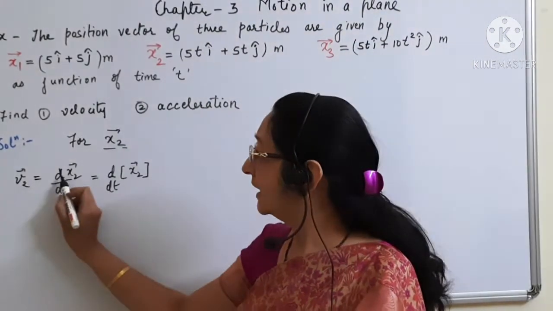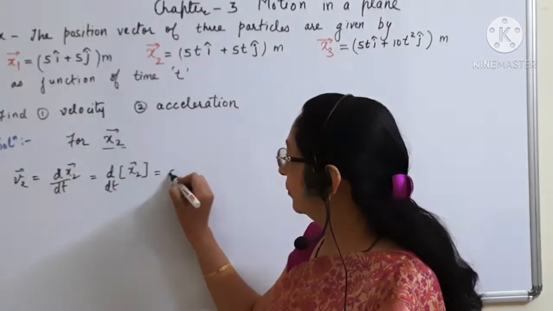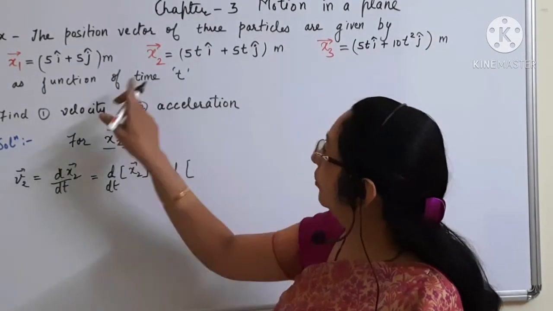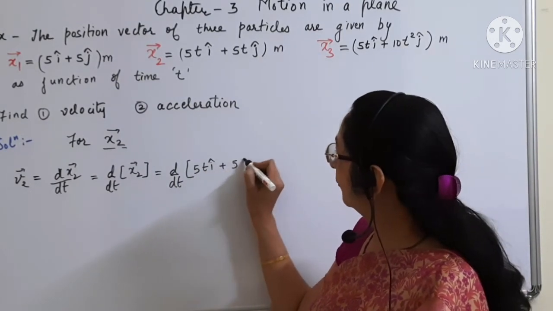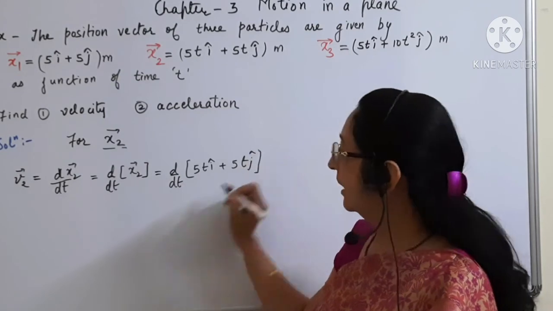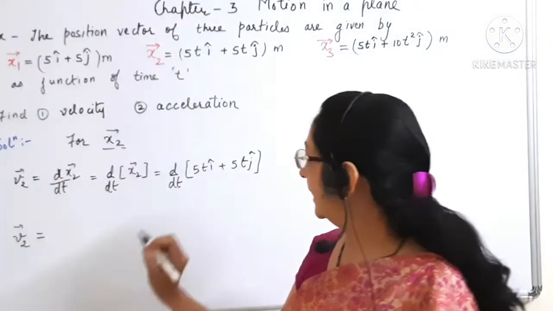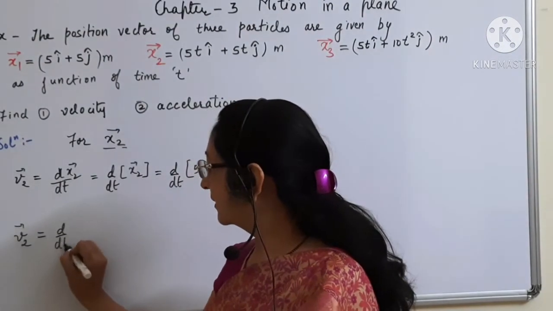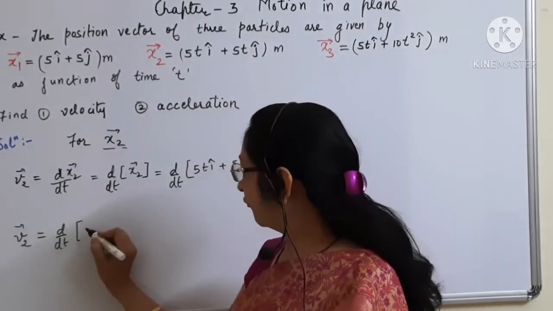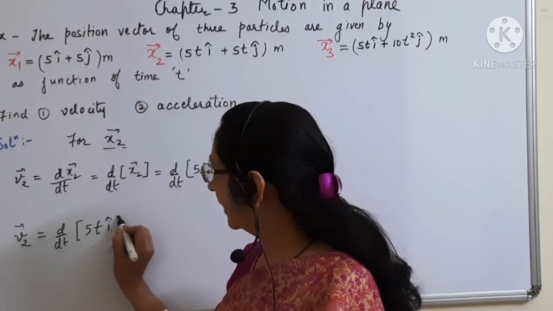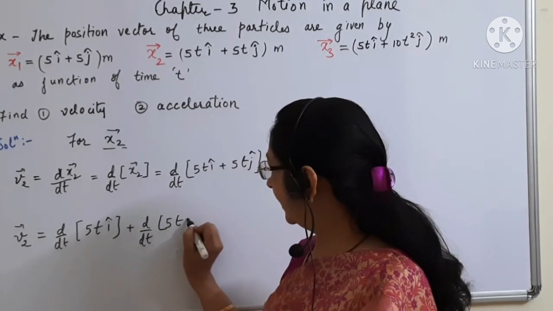So ddt of x2, and x2 is 5ti plus 5tj. So v2, the velocity of the second particle, since it has two terms, we separate the two terms. So ddt of 5ti plus ddt of 5tj.